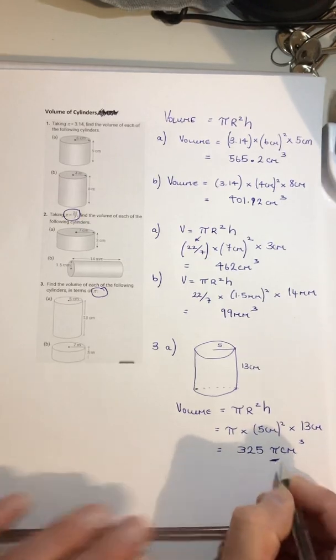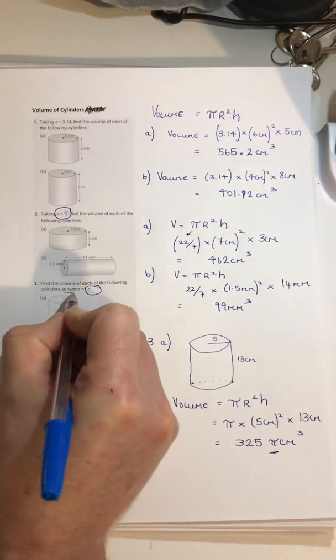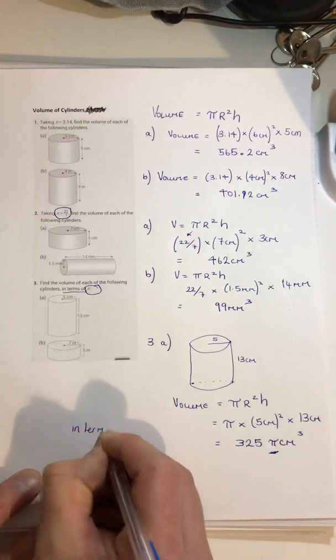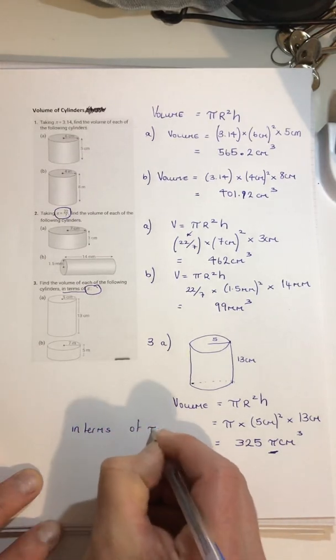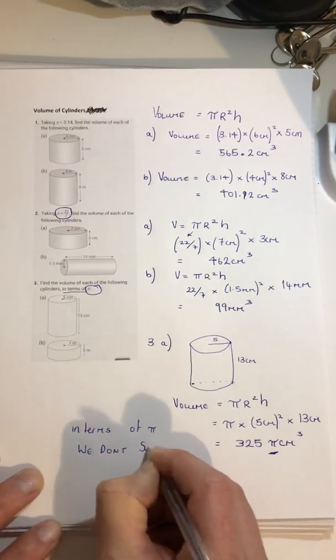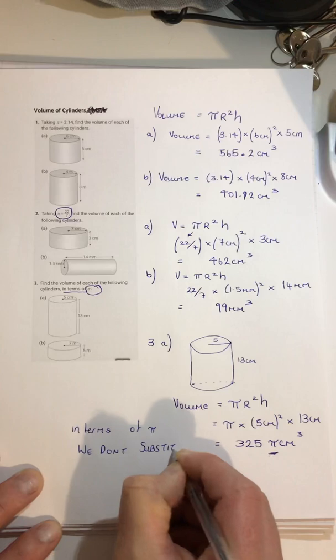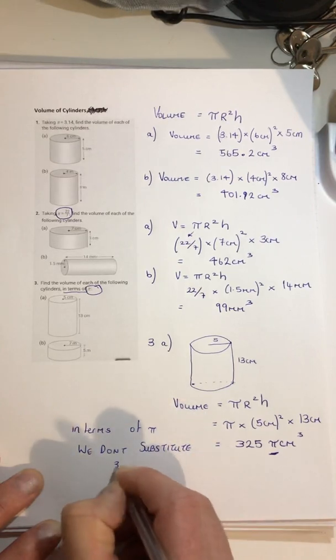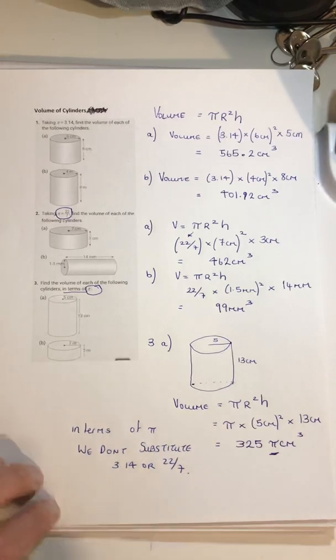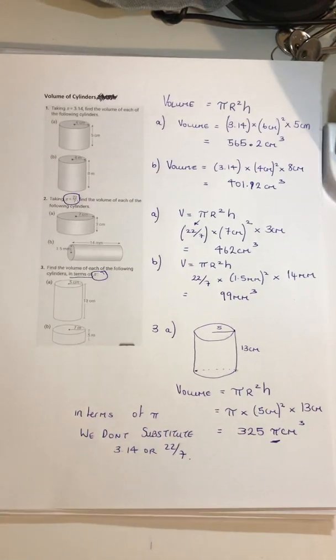So pi here because the question says in terms of pi. So in terms of pi, we don't substitute 3.14 or 22/7. Okay, so that's the volume of cylinders for you.